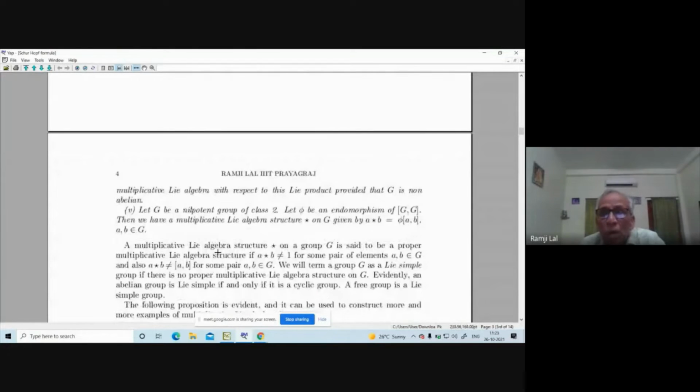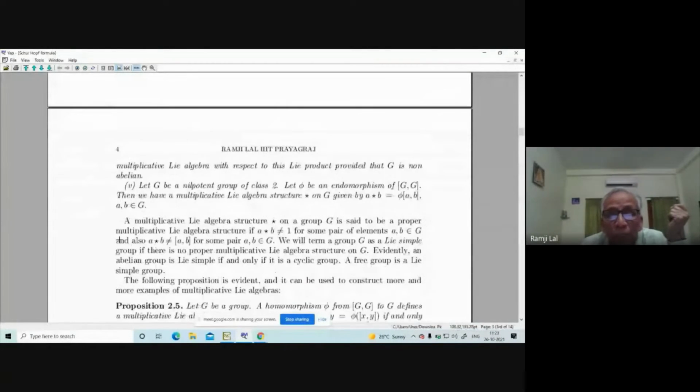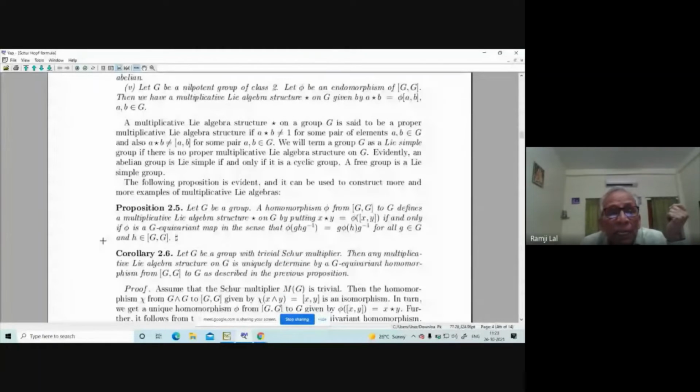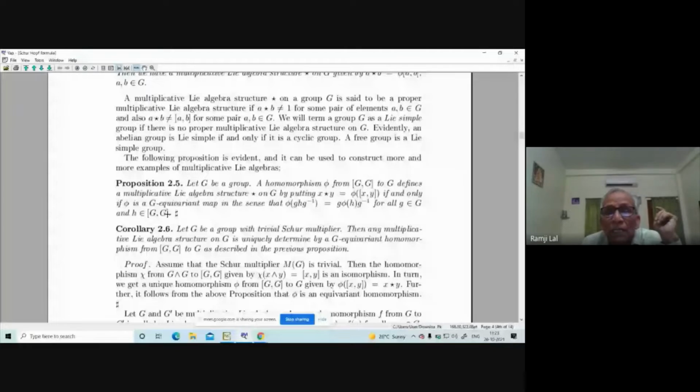This is a consequence of the observation which motivated the definition of the multiplicative Lie algebra. You have these operations here, and this proposition is again a similar thing. You take any G-equivariant homomorphism from G wedge G to G satisfying this property, and it will define a multiplicative Lie algebra structure. This is a particular case of what we observed earlier.